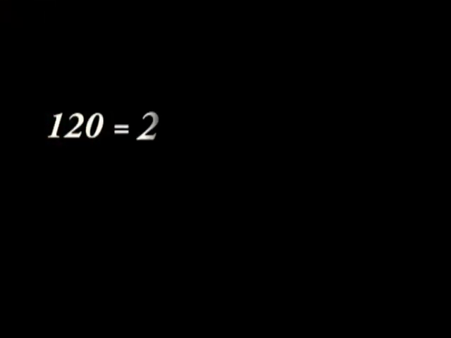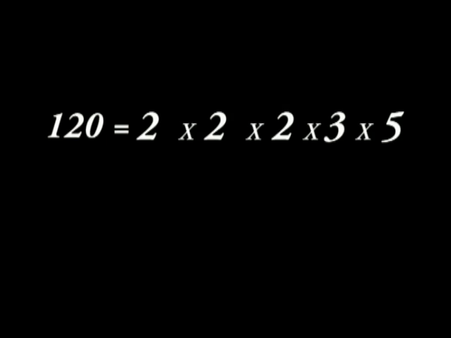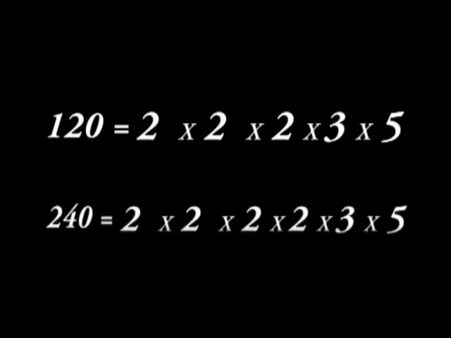In another example, we can find the GCD of 120 and 240 expressed as products of their prime factors. 120 is 2 raised to power 3 times 3 times 5. 240 is 2 raised to power 4 times 3 times 5.